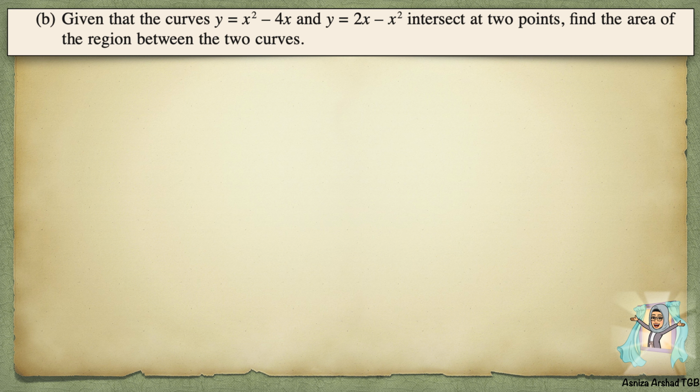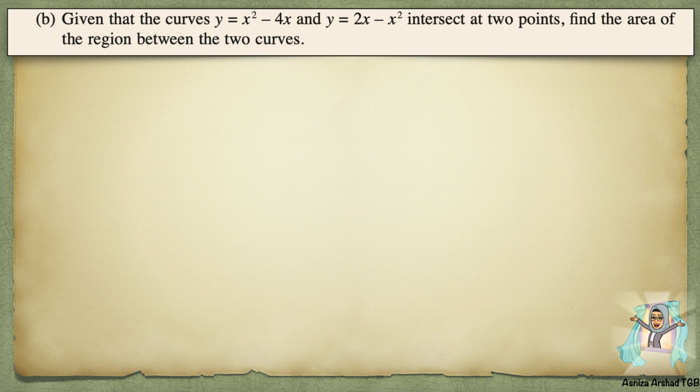First we need to find the intersection between both graphs, so solving simultaneously. We have 2x minus x squared equals x squared minus 4x. Change to general form: 2x squared minus 6x equals 0. Then we factorize to solve the equation.